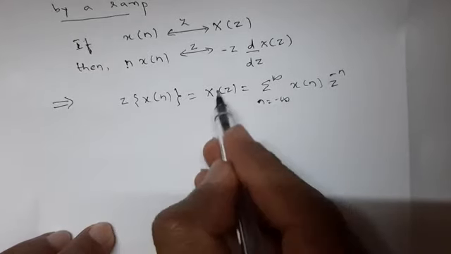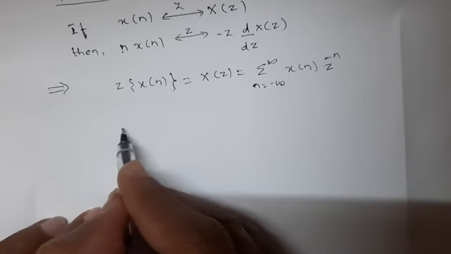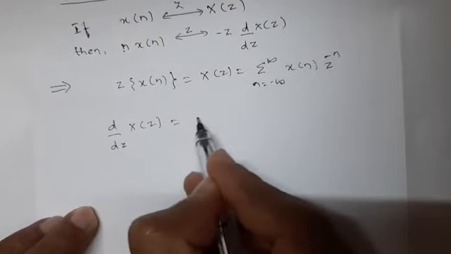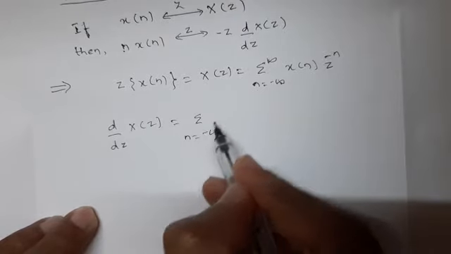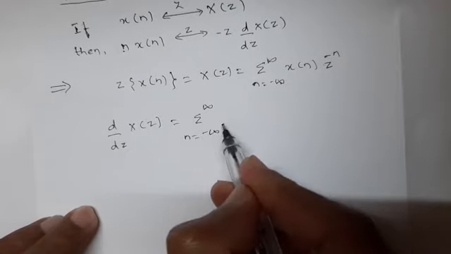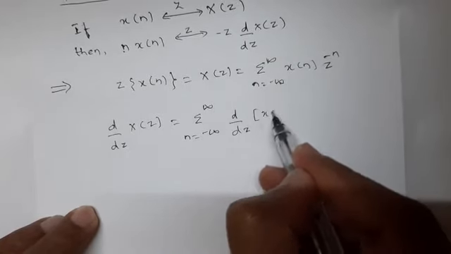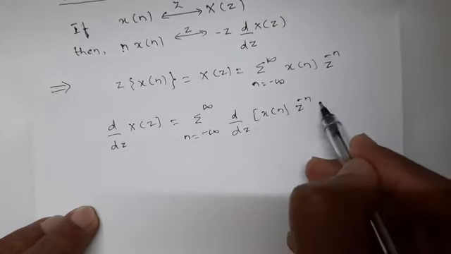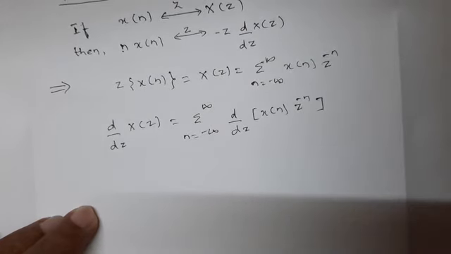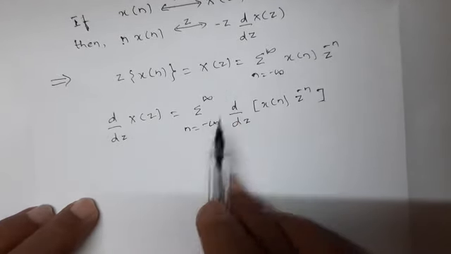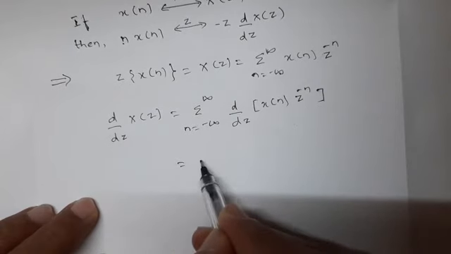So now I will differentiate this X of z. d by dz X of z is equal to summation n equal to minus infinity to plus infinity d by dz of x of n z to the power minus n. Am I right? So I am differentiating X of z, this one.